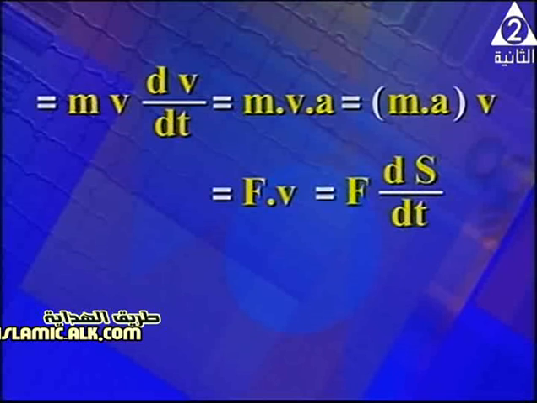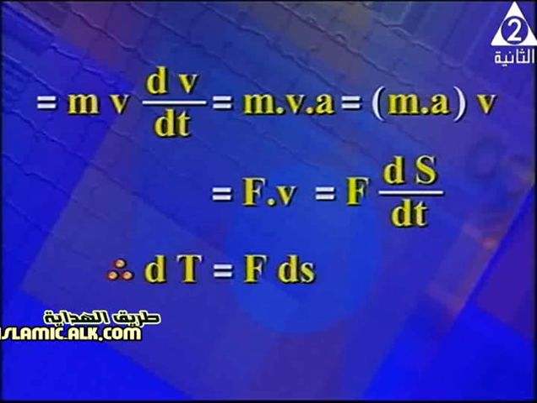F is force, and v is the differentiation of displacement with respect to time t, equal to F ds over dt. Then by using cross multiplication, dT equals F ds.